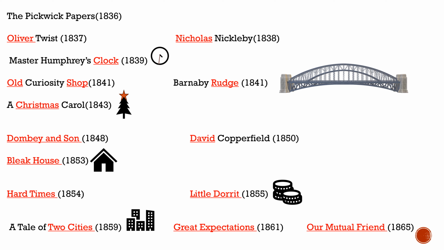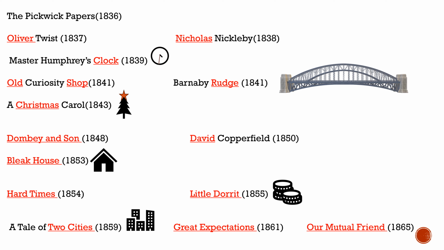It's Christmas time, that's why they were buying the clock, and they were buying this clock as a gift for Dombey and his son David, and they lived in a poor house called Bleak House, and they faced hard times because they didn't have money, they have only little.